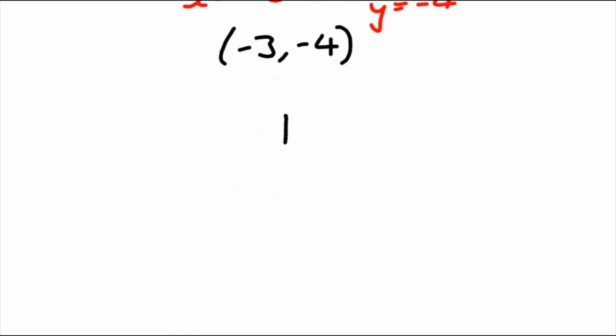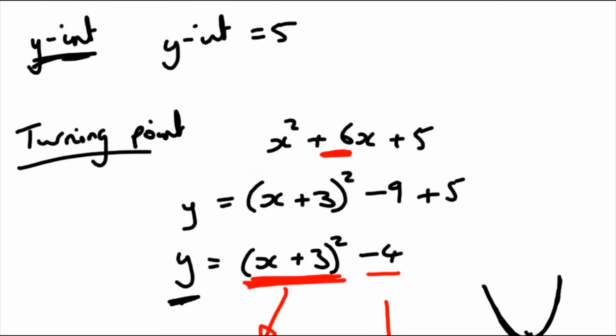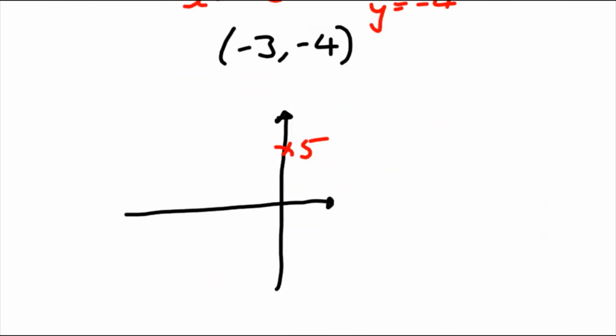Now that we've got all that information, we can plot this graph. Our y-intercept is where it crosses the y-axis, which was 5. Our roots, which is where it crosses the x-axis, were minus 1 and minus 5.